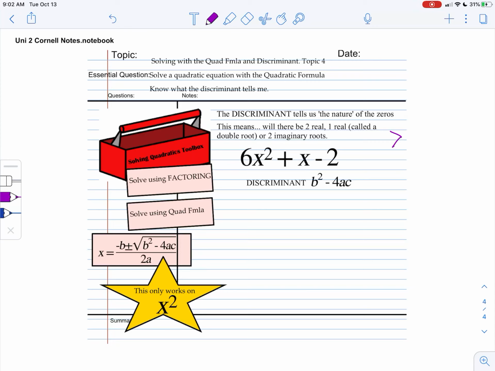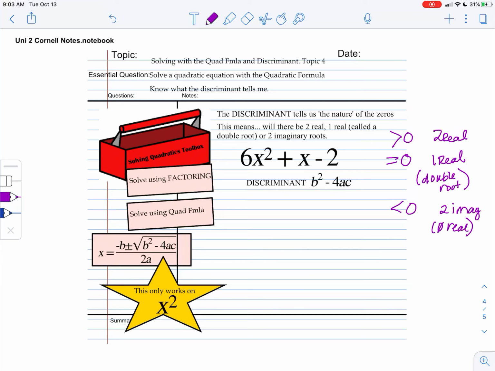So when the discriminant is greater than 0, you have 2 real. If it equals 0, you have 1 real. And it's not really 1 real, 1 imaginary. This is called a double root. And you have a real one that happens at the same place twice. And then if it's less than 0, you have 2 imaginary, or we could think of this as 0 real.